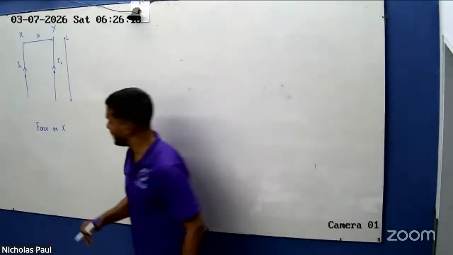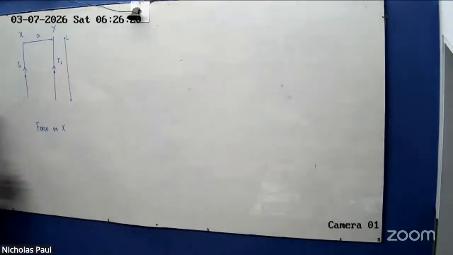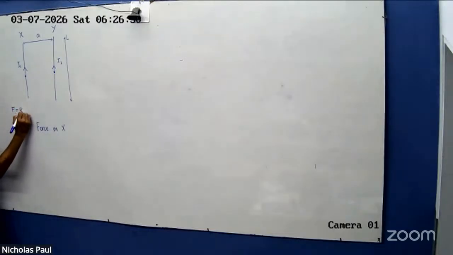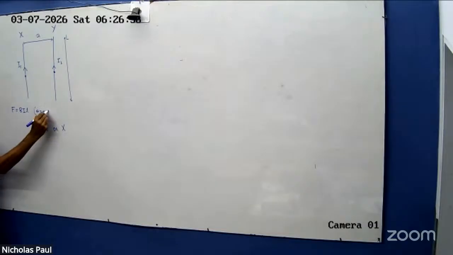So here's what we want to get. We want to get the force on X. F is equal to what? BIL, that's okay? Assuming that theta is 90 degrees.